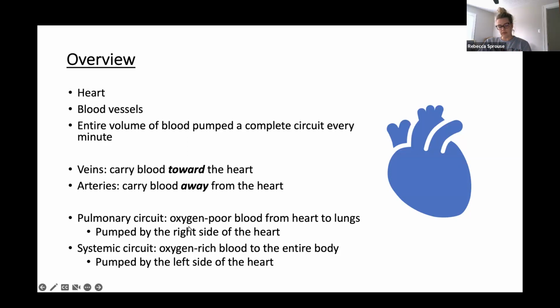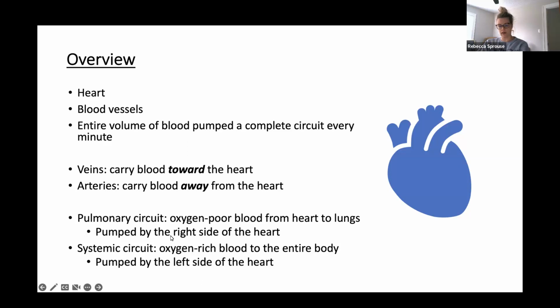There are two different circuits of the body. The systemic circuit is what we talked about last week. This is oxygen-rich blood being carried out to the entire body, and we followed a lot of vessels to the arm, the head and neck, the legs and so on. That is the function of the left side of the heart. The left side of the heart carries oxygen-rich blood and pumps it out to the entire body.